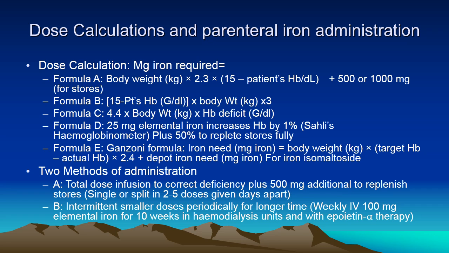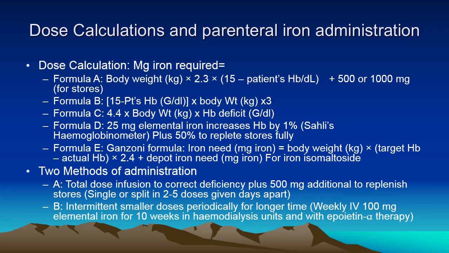One is total dose infusion to correct deficiency plus 500 milligram additional for replacement of the store, and this can be given either as single dose or split into 2 to 5 doses. For some IV formulations, 2 doses are sufficient, but it can be split into 5 doses as in iron sucrose.